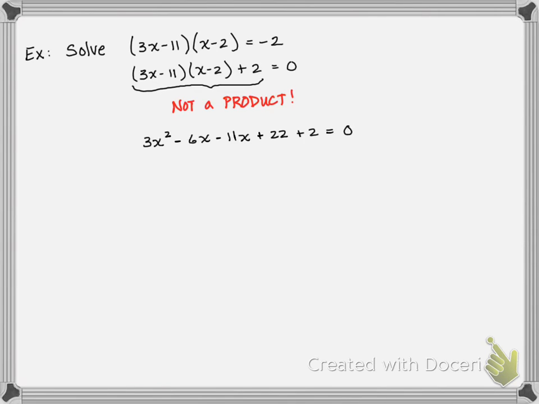And now I can combine like terms. So 3x squared minus 17x plus 24 equals 0. And now we're going to factor.